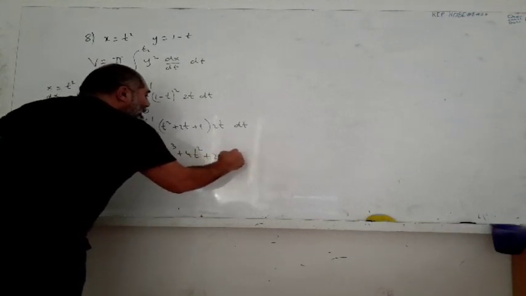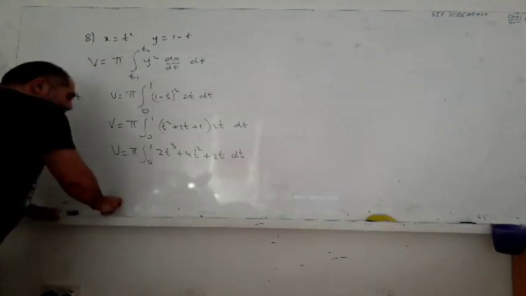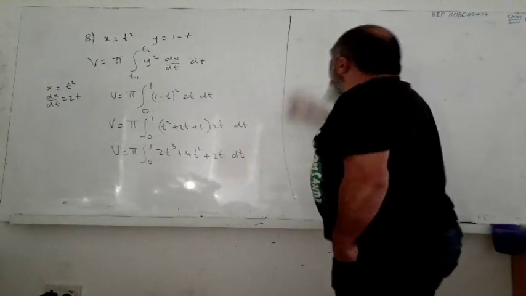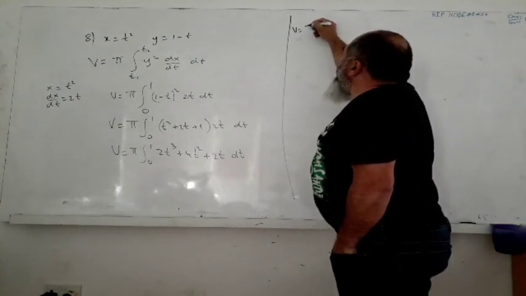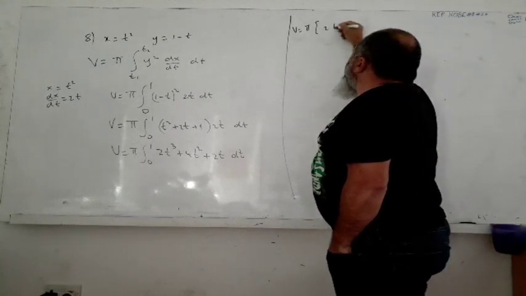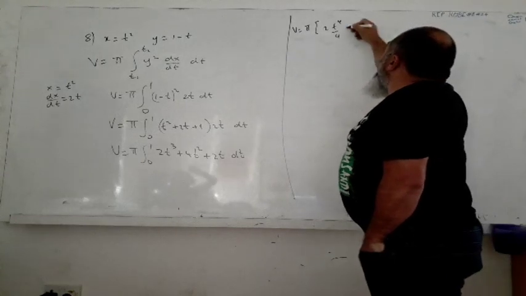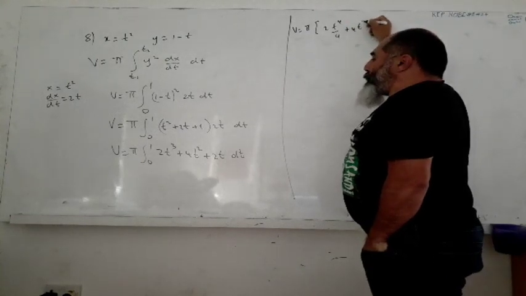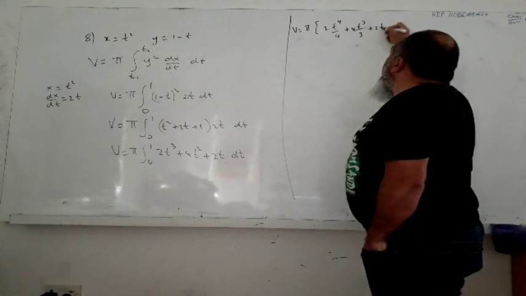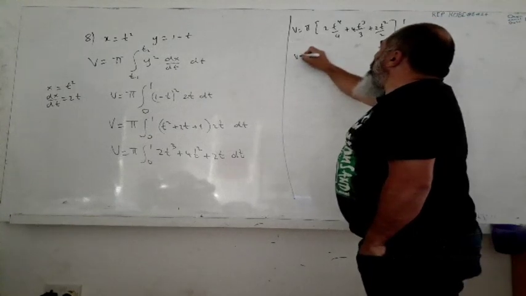Now let's do the integration. Volume is going to be pi times 2t to the power of 4 divided by 4 plus 4t cubed over 3 plus 2t squared over 2 from 0 to 1. First of all, I am going to substitute 1 there.